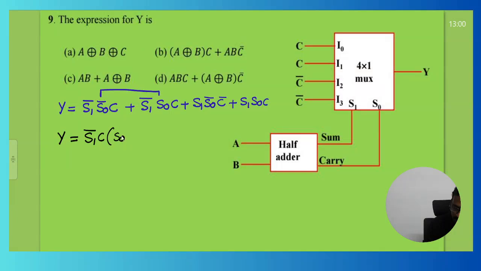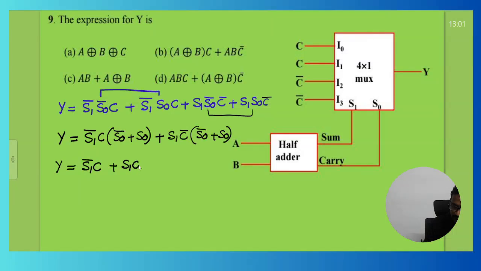So this is S0 bar plus S0 will be now. Now in these two, I'm taking S1 as common, this also C bar. Now S1 C bar. So then it will come to be S0 bar plus S0. So finally it will come to be S1 bar C and S1 into C bar.